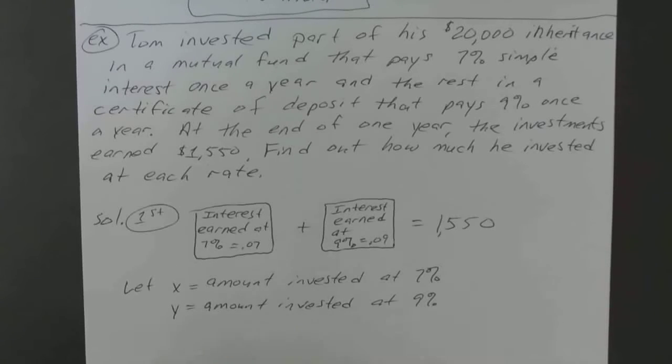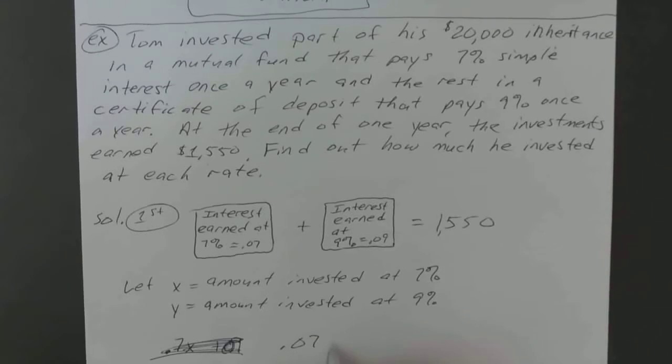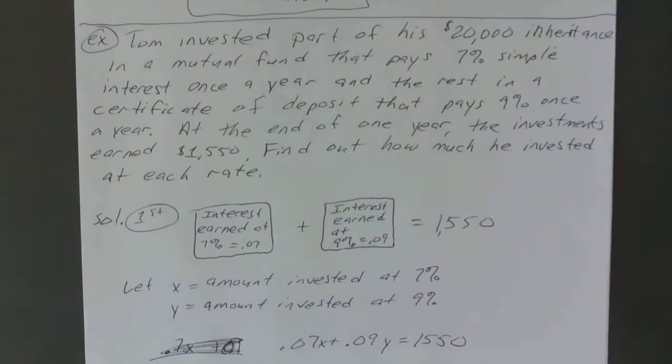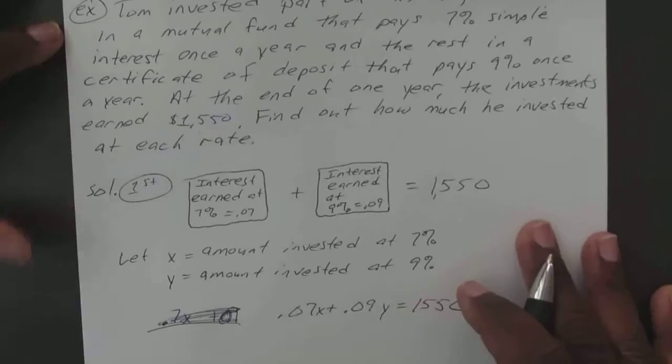We know just from our picture that 7% of whatever he invested plus 9%, 0.09, sorry about that, I'll rewrite that: 0.07x plus 0.09y equals our $1,550.